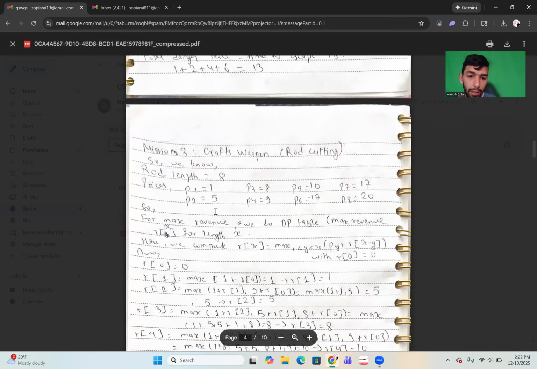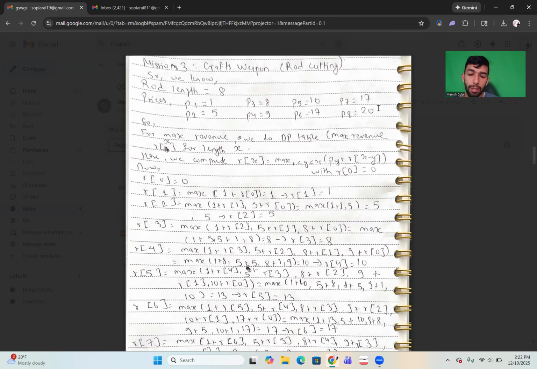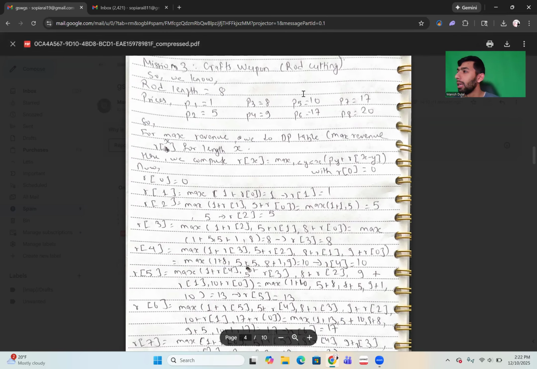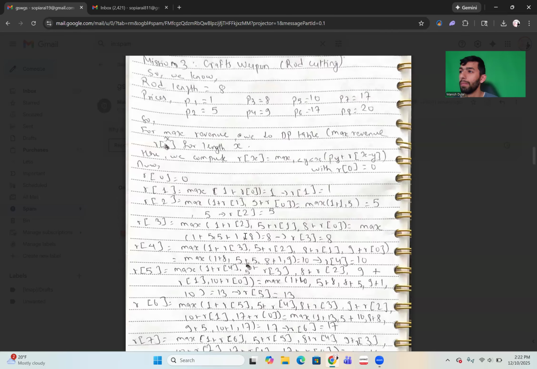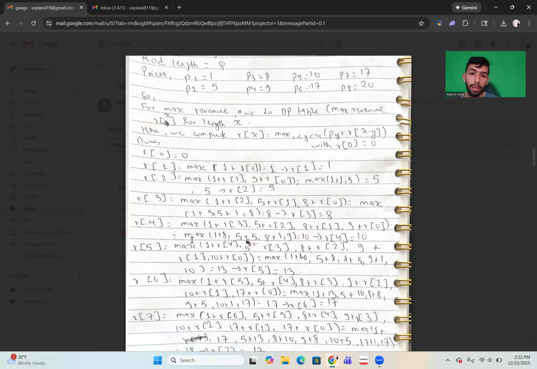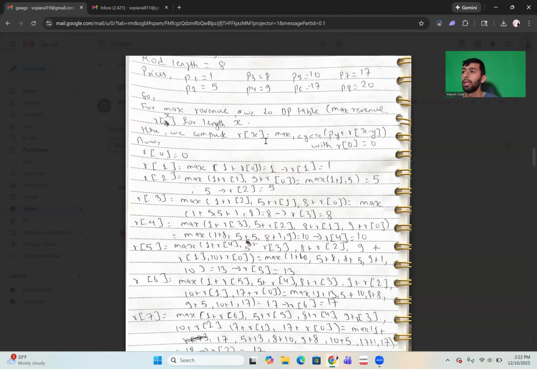It's pretty simple. So we had P1 is 1, P2 is 5, P3 is 8, P4 is 9, P5 is 10, P6 is 17, P7 is 17, P8 is 20, and all of these are given here. So all we did was build a DP table. R would be our function, and X would be the denoting value.